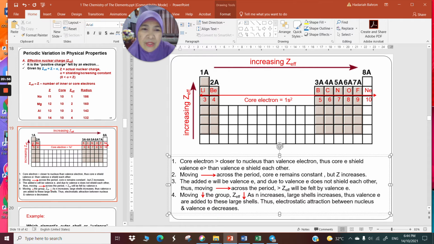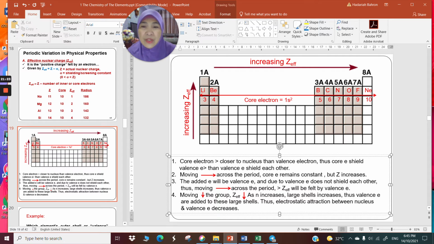In the case of lithium to neon, the core electrons are 2, but Z increases. The added electrons will be valence electrons, and since valence electrons do not shield each other, moving to the right across a period, your ZEFF will be felt by all the valence electrons. Your effective nuclear charge will be felt by all the valence electrons.